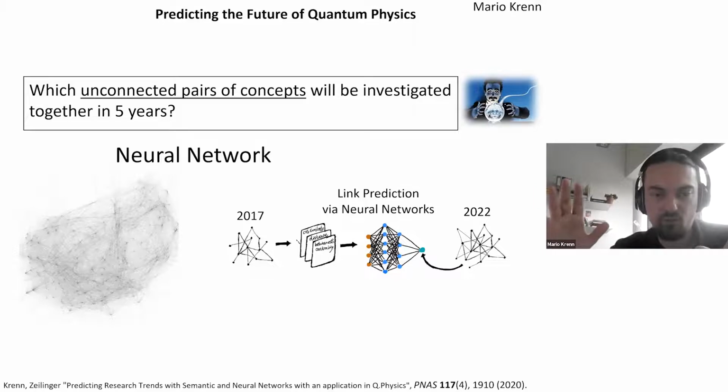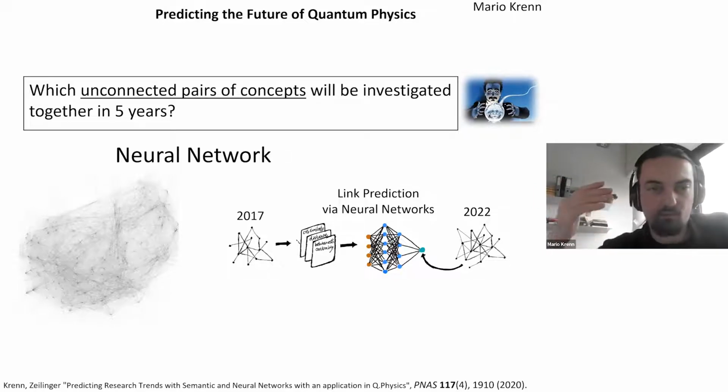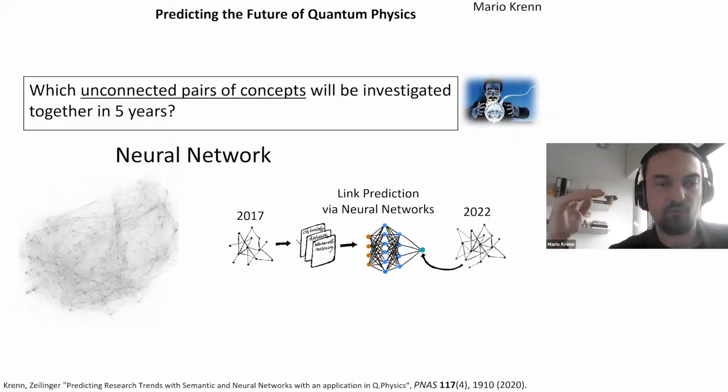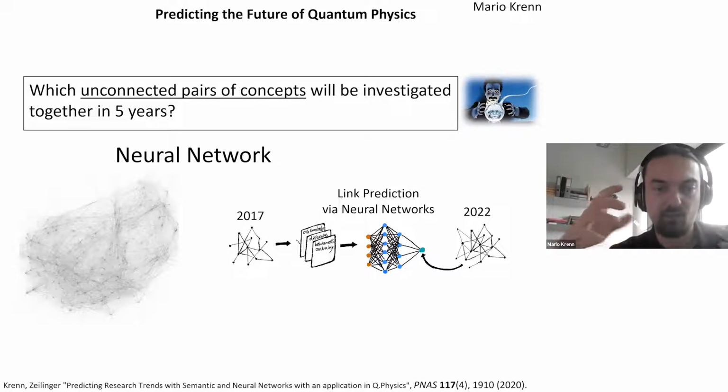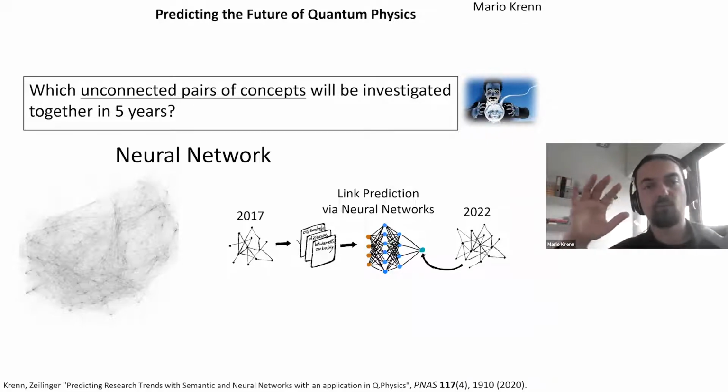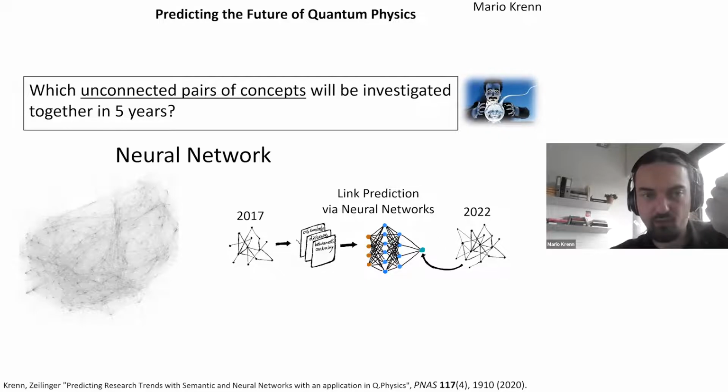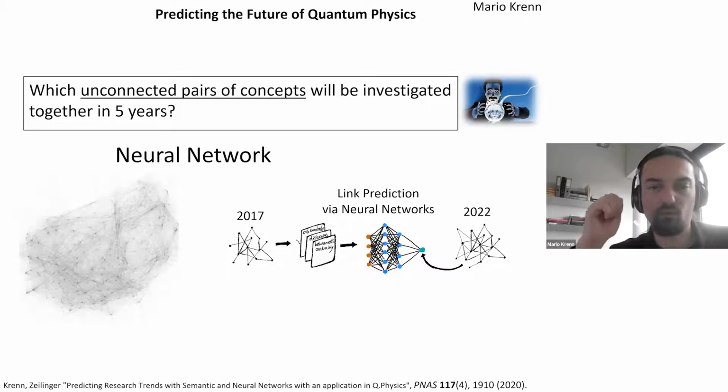I'm sorting all of my predictions, and this is a standard method when you have classification tasks. Basically what I have is a classification task of the class of concepts that will be connected and that will not be connected. So I'm sorting all of my predictions from the highest predicted ones, those that are likely connected, to those that are predicted not to be connected.